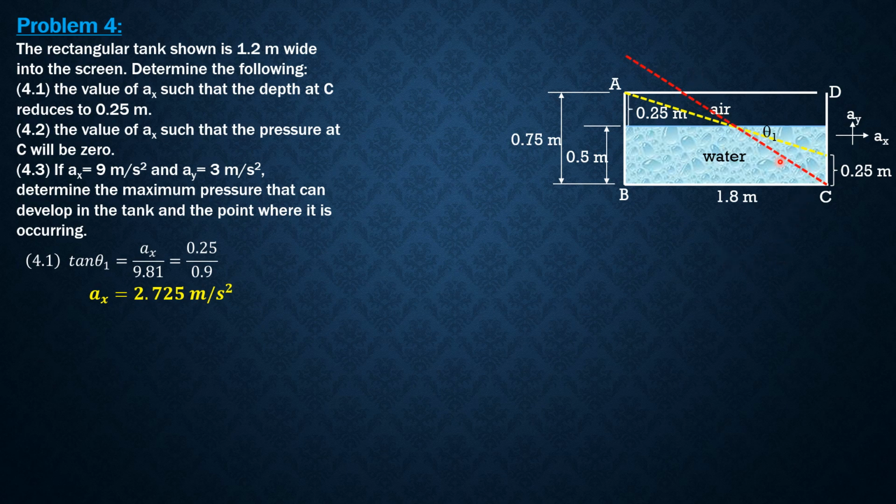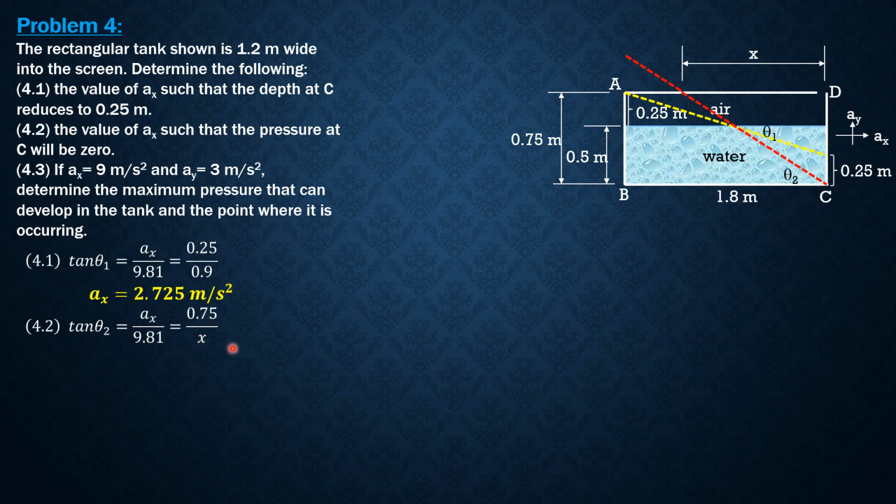So this is the expected surface, and this is theta 2. And from the figure, let's call this distance x. So the tangent theta 2, which is A sub x over g, equals 0.75 over x. So tangent theta 2 equals A sub x over 9.81 equals 0.75 over x.